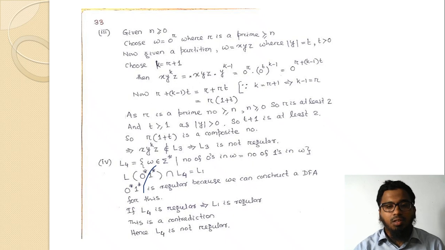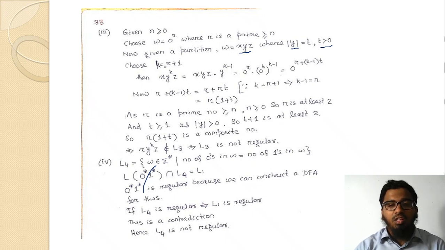So here the next is the same thing, pumping lemma, given n greater than 0, where w is 0 power r, where r is a prime greater than n. Now give a partition x, y, z where y equals 0 power t, then t should be greater than 0, because y should not be equal to epsilon as per the pumping lemma.